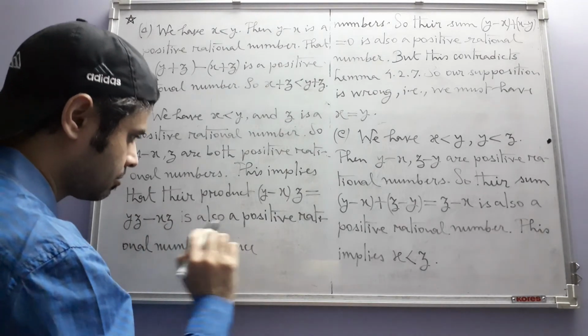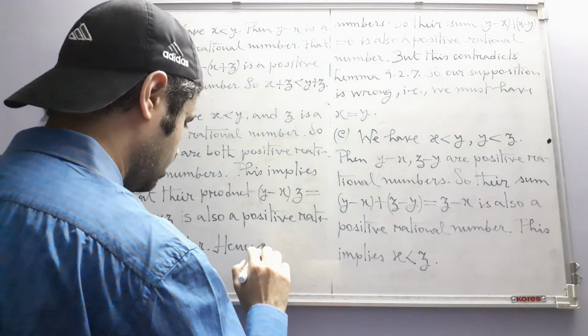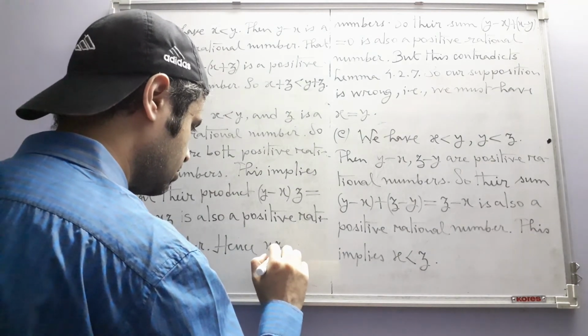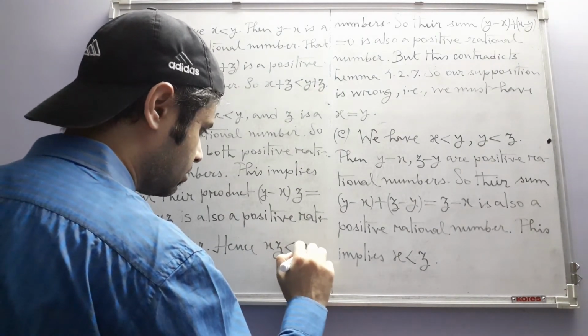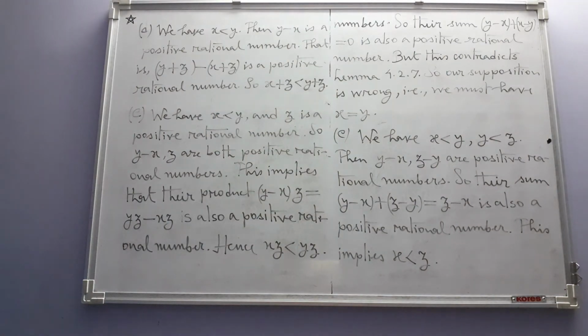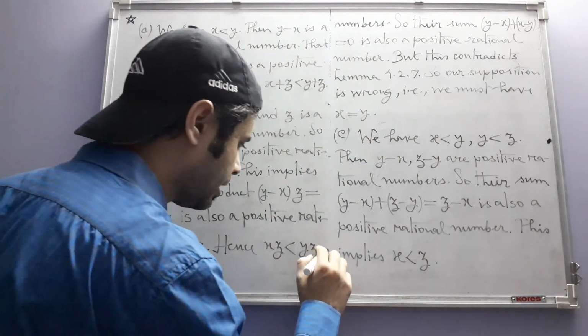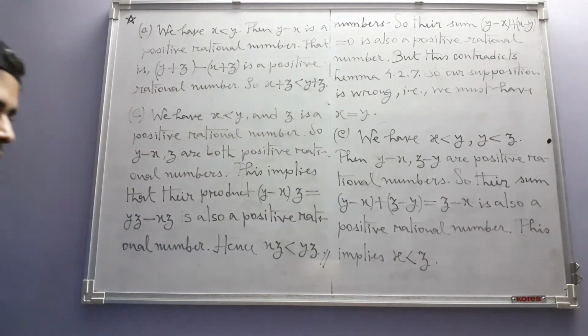Hence xz is less than yz. So that's it. This proves that positive multiplication preserves order, and this completes the proof of this.